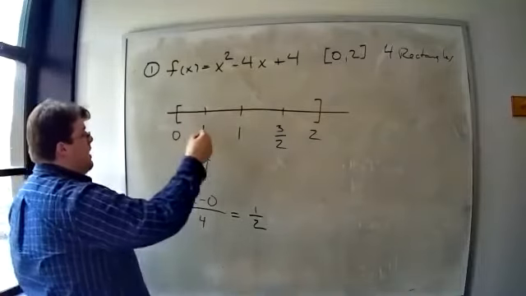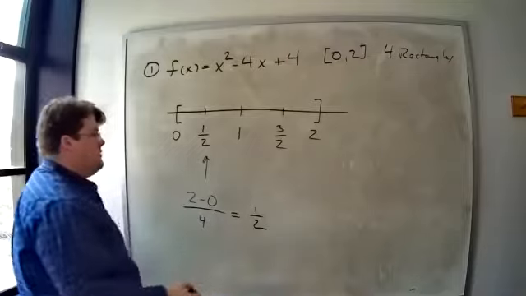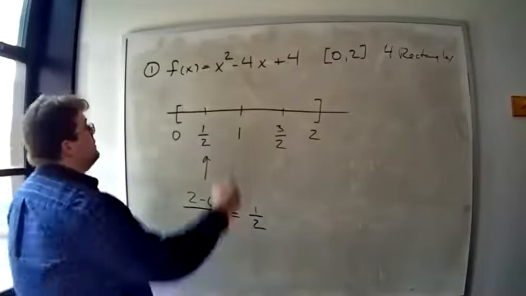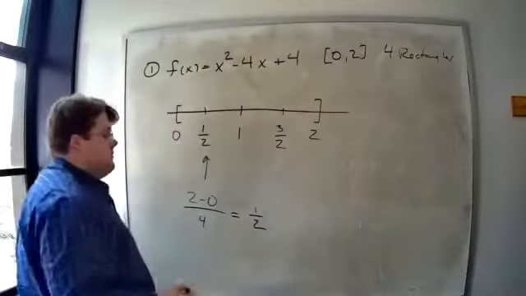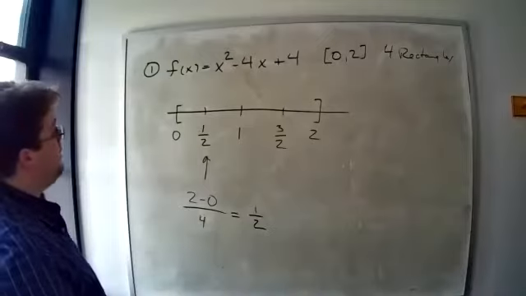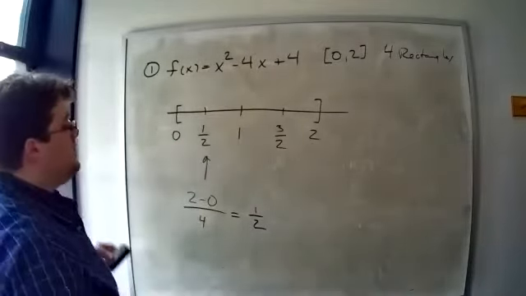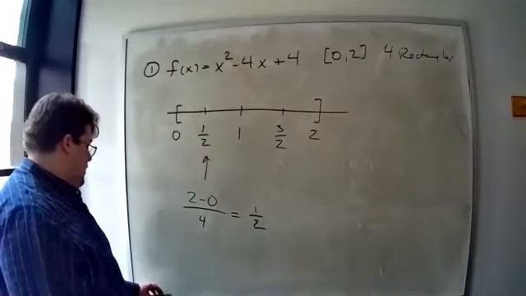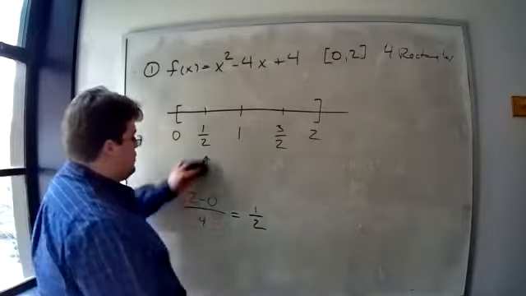So 0 plus 1/2 is 1/2, and then 1/2 plus another 1/2 gives you 2 halves, which is 1. 1 plus another 1/2, 3 halves. 3 halves plus another 1/2 leaves you at the end of the interval at 2. But either way, we have these x-axis values that we're going to use to find our approximations.